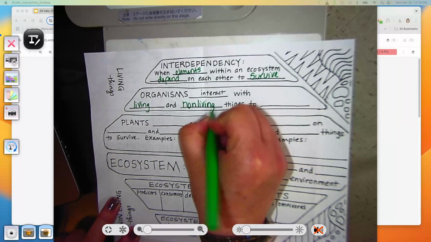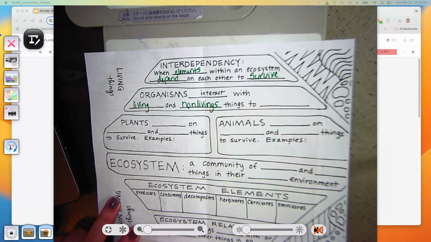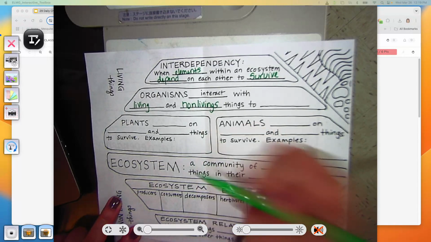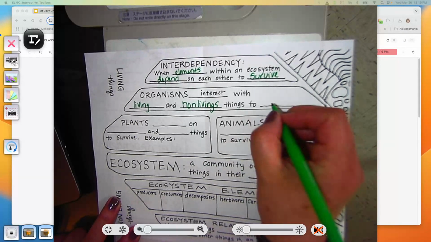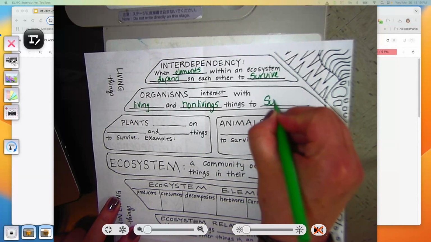For example, the mosquito is an organism, and it interacts with other bugs or our blood, and non-living things would be like the water, its habitat where it lives to survive.